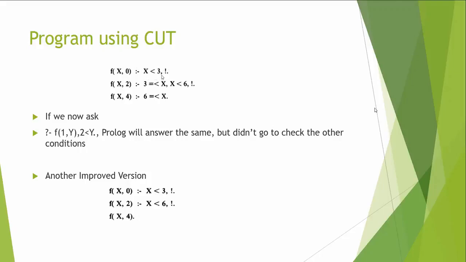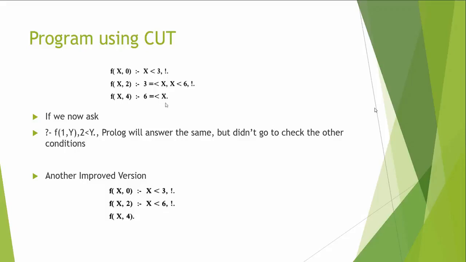Now if with this program I ask the same goal, then the answer will be the same, right? There is no case where I get a different result. The answer will be the same, but it did not go to check the other two conditions, right?